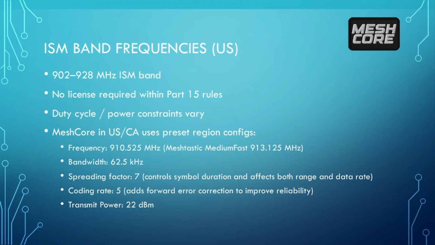Transmit power, officially 22 dB. However, I read very recently, I know the ESP32 based devices can do 28 dB. Now, even though the software in the Meshcore app will not let you set a number higher than 22 for transmit power.